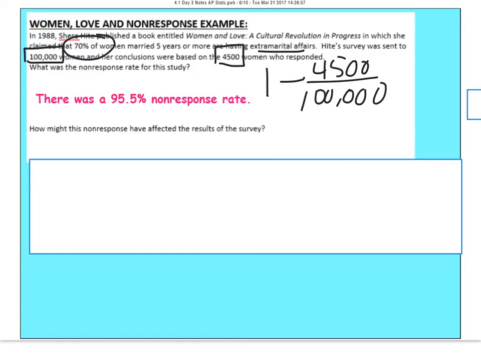Well, the non-response could happen for a couple of different reasons. Maybe they're offended because they feel the author thinks it applies to them and they're not going to respond. So they would say they were happy, but they're offended by her. Or on the flip side, what if they did have an affair and they don't want to bring it up anymore, so they don't actually respond?